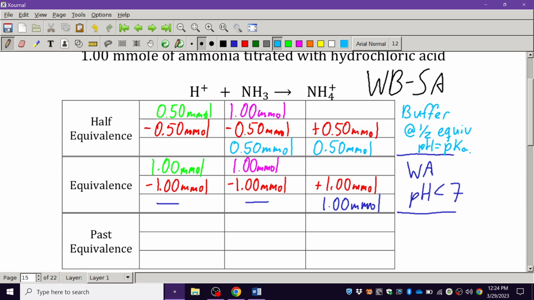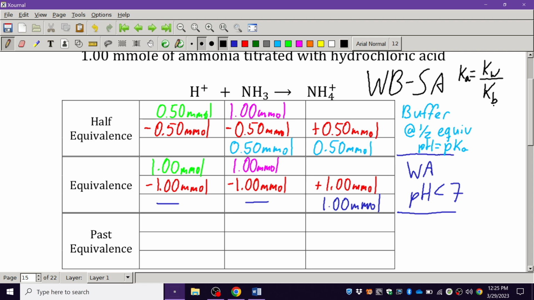Yes, exactly. We have the conjugate base. The conjugate base has a Kb associated with it. So what do we do? We can't use the Kb directly. How do we get a Ka from a Kb? Yes, you take Kw divided by Kb.